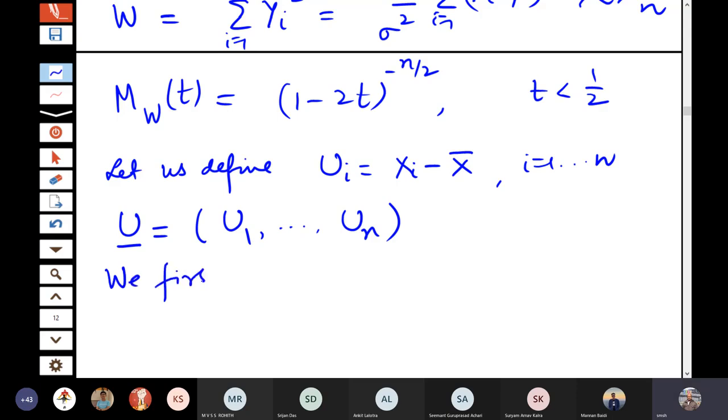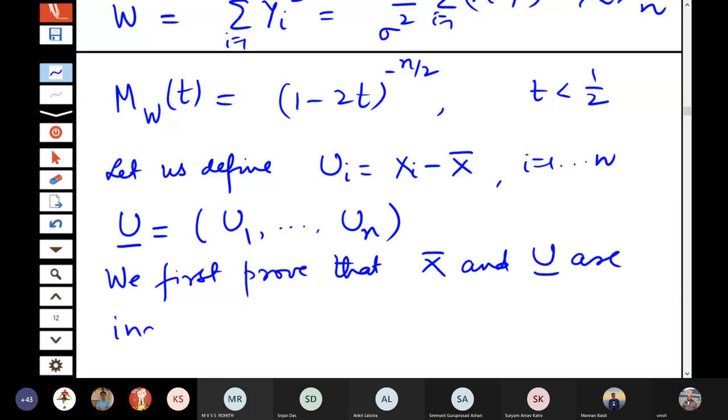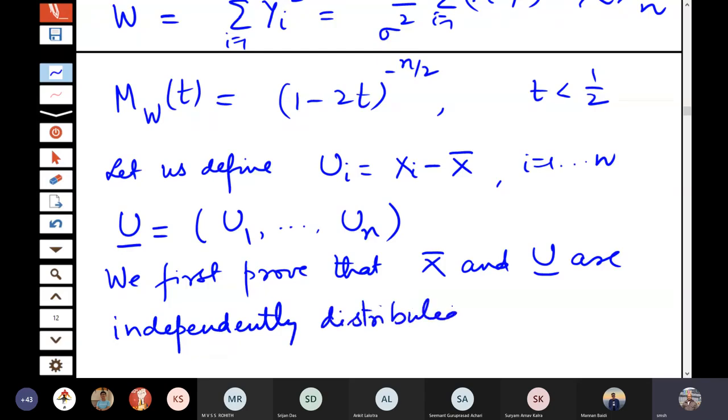We first prove that x bar and u are independently distributed. We will try to show that x bar and u1, u2, ..., un are independent.